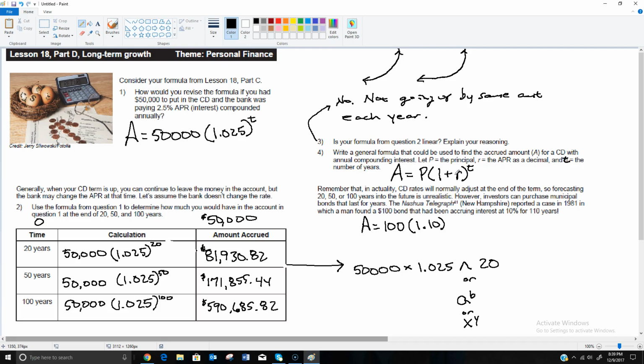You don't usually earn nearly that much interest on it. So 1.10, and it was 110 years, so your T is 110. So watch all your ones and zeros here, but it'd be 100 times 1.10 to the power of 110.